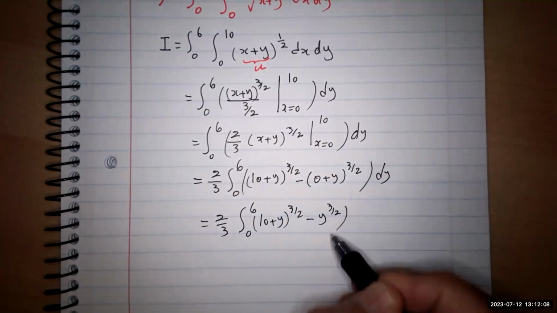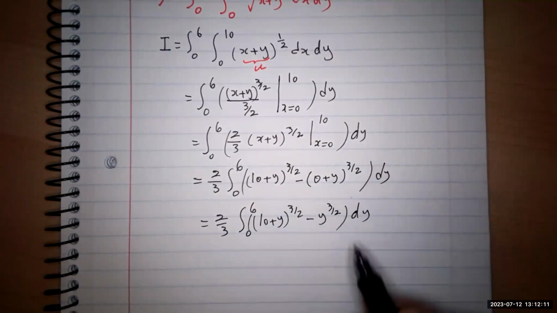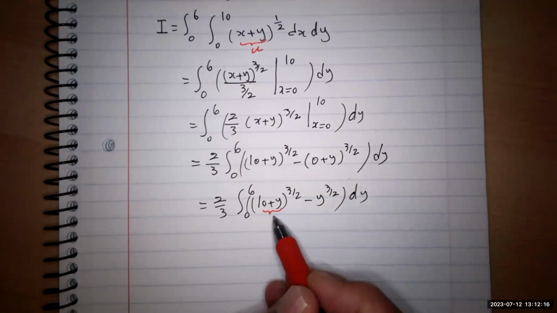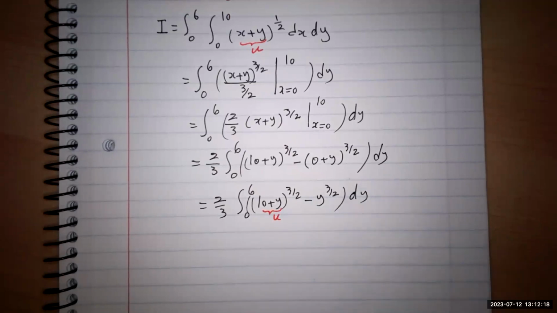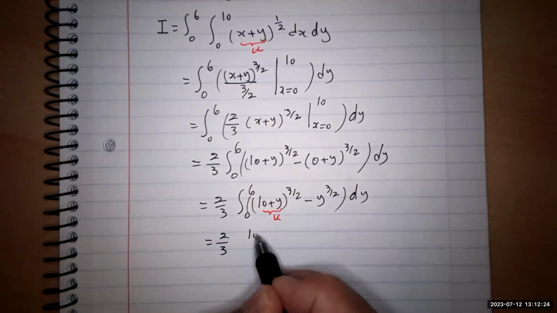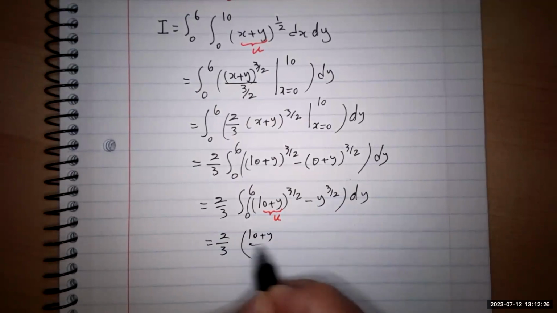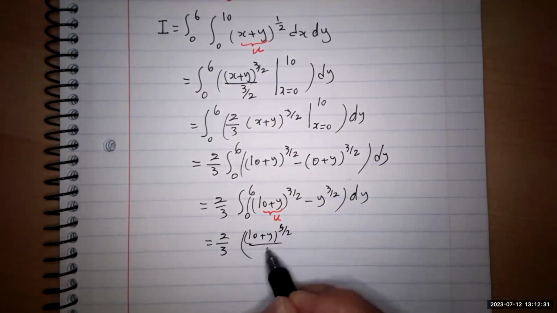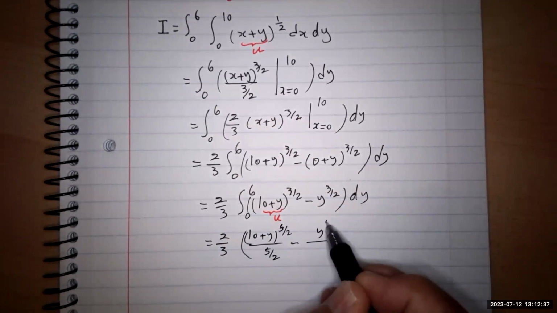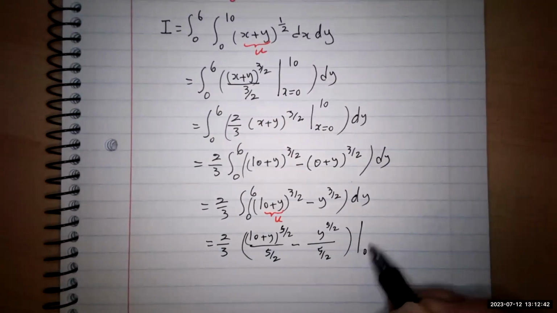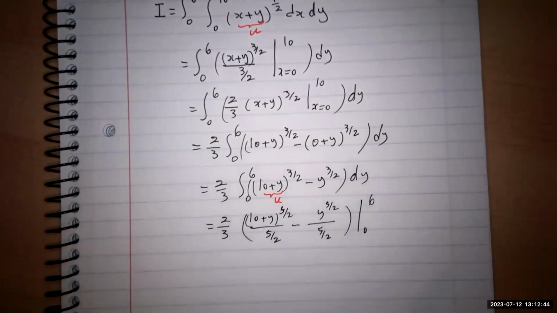And then integrating with respect to y. Again, for the u substitution, because the u prime would be 1, nothing to worry about. Just apply the power rule again. So that gives you 2/3. The power rule gives you 10 plus y to the 5/2 divided by 5/2, and y to the 5/2 divided by 5/2, with y going from 0 to 6.